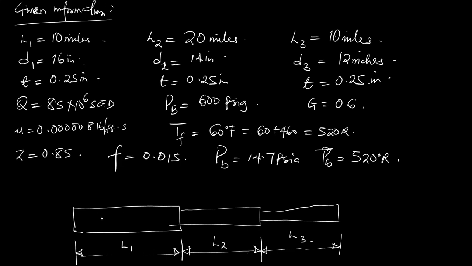Now, we need to first calculate the inner diameter, because the inner diameter is what we're going to use to solve this particular problem. So the inner diameter d1 will be D1 minus 2 times the wall thickness.